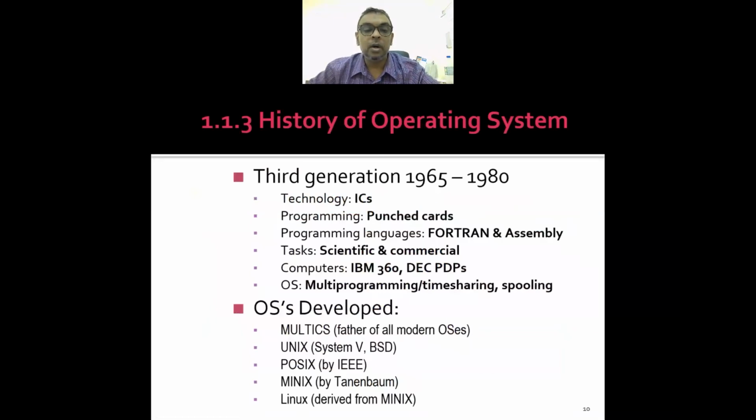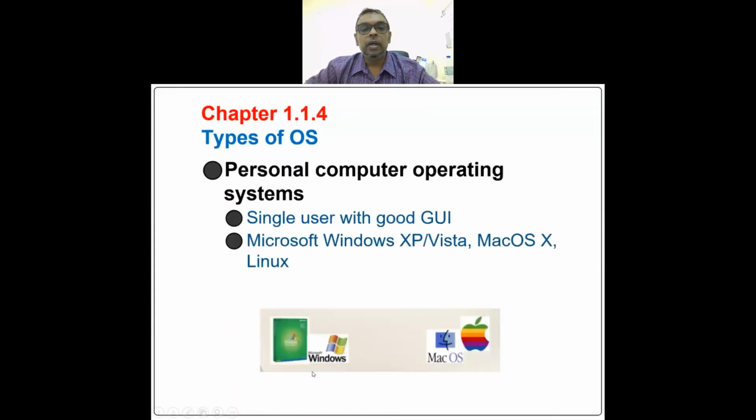Then we have the 3rd generation, and these are some of the operating systems involved. Okay, if you look at your personal computer, personal computers have a single user, one user only, which is yourself. And it has a good GUI, graphical user interface. These are some examples of operating systems: XP, Vista, Mac, Linux.